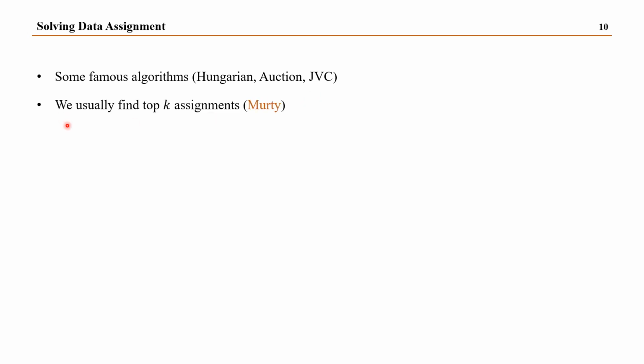We usually don't just find the best assignment, we find the top K assignments and keep track of all of them, in case we just miss something, or in case there's a highly symmetric map and we want to keep all the options available for later updates. In this case, we use something called Murty's algorithm, which finds the top K assignments. It's actually the one used in this video.